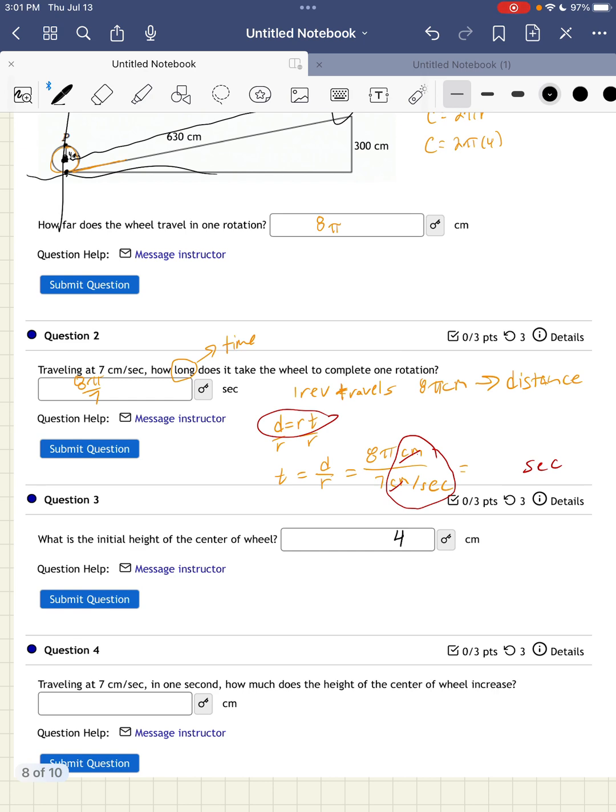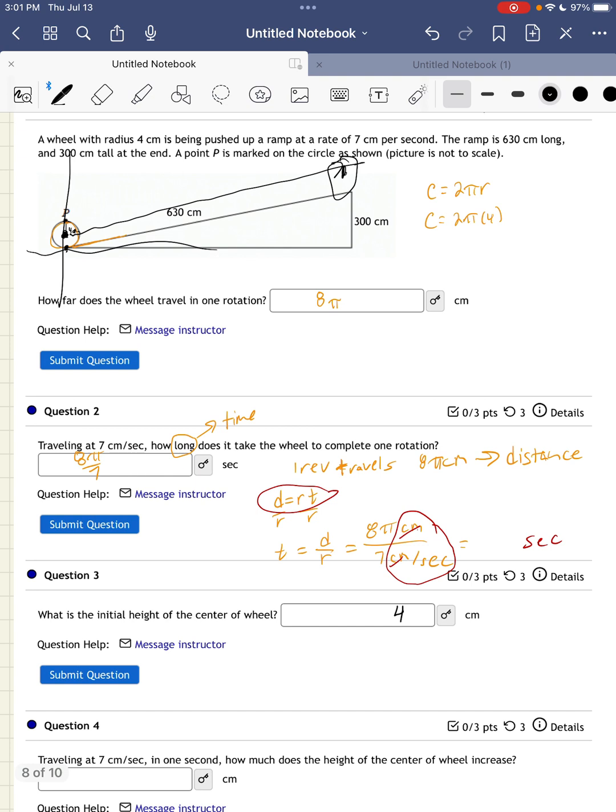Well, in 1 second, it's going to travel up this 7 centimeters. So this is going to be 7 centimeters, and the height here is going to be the value that we're trying to look for. That's how much it's going to increase in 1 second.